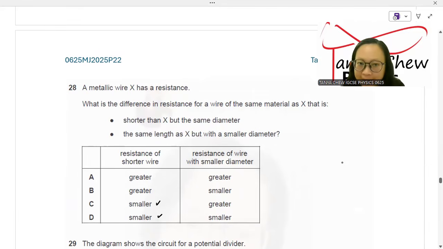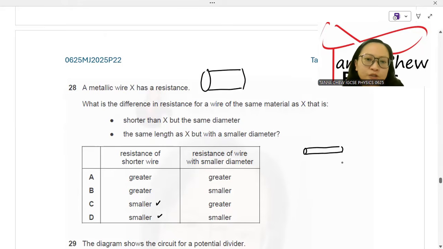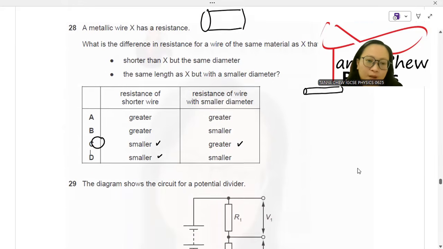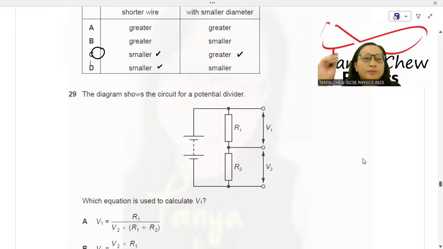Same length as X but with a smaller diameter: thinner wire as compared to X, which is thicker. When X is thicker, it will allow more electrons to flow, right? So thinner wire, the resistance will be greater. C is the answer.